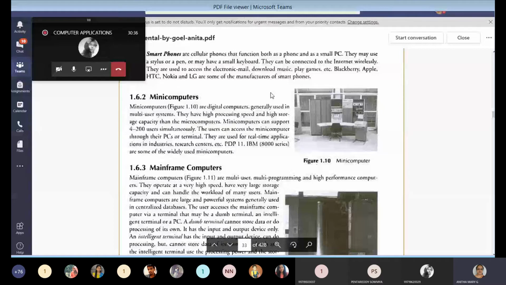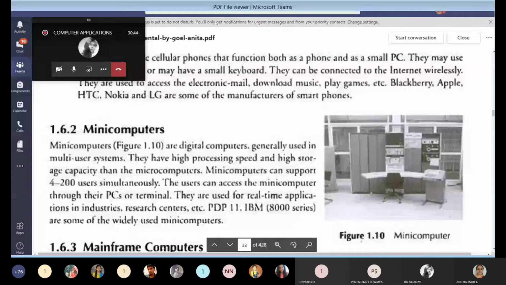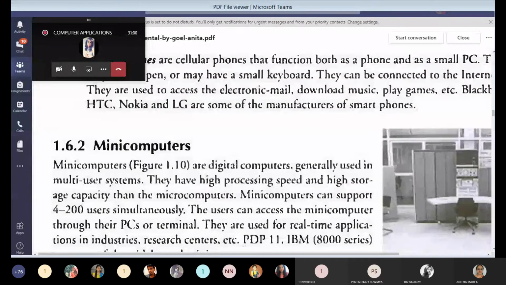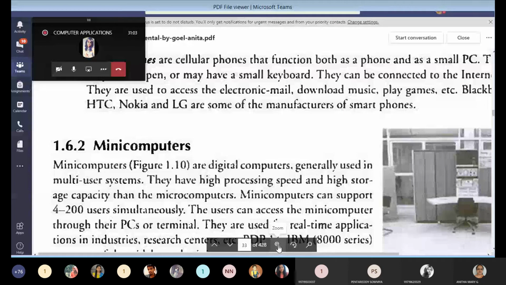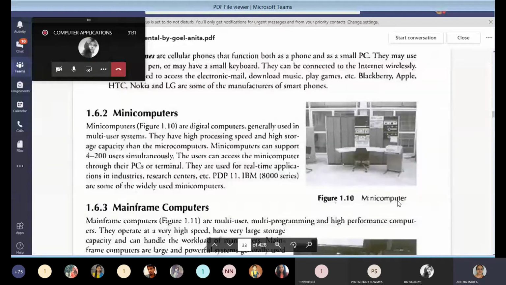You can see this picture in a larger view. So these are the mini computers. So what can we say about mini computers?